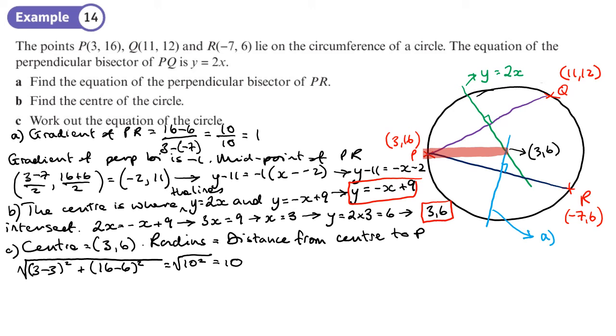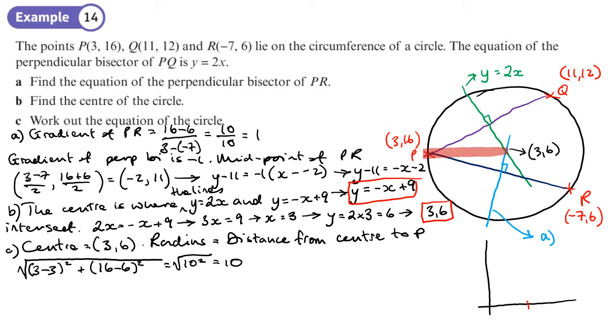Now, was there a quicker way? Now let's have a look at these two coordinates again, 3, 6 and 3, 16. If I were to draw these out, you may have already worked it out.